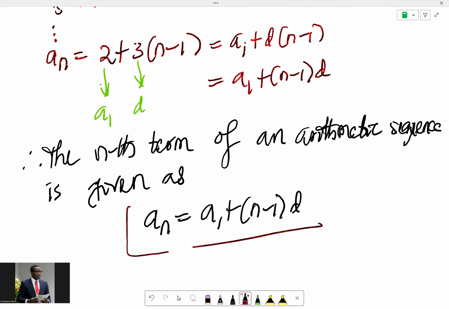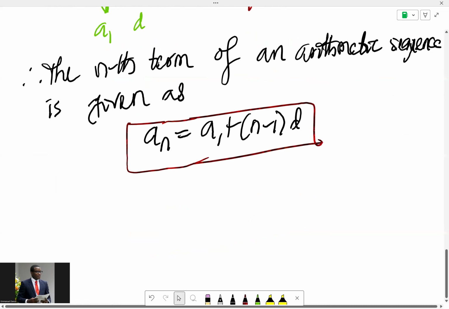So this becomes a very powerful formula. If you need the nth term of an arithmetic sequence, this is what you have. We're still going to have a whole video dedicated to arithmetic sequences, so let's wait for that, but this is basically how to arrive at the formula.